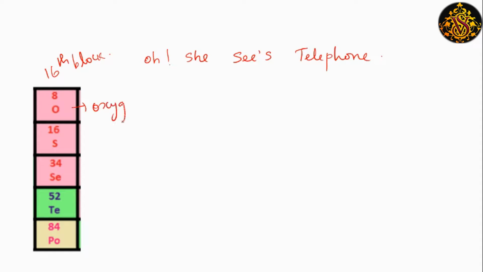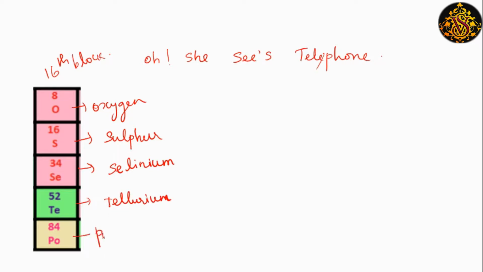We have oxygen, O. S sulfur, for she, remember sulfur, and C Se selenium, and telephone, Te tellurium, and Po phone, polonium. So just remember this sentence to remember those elements. Okay.